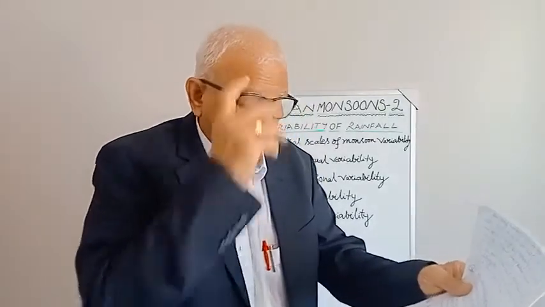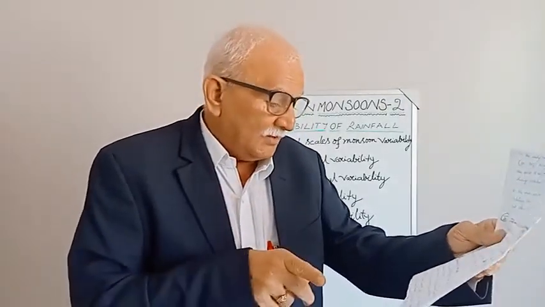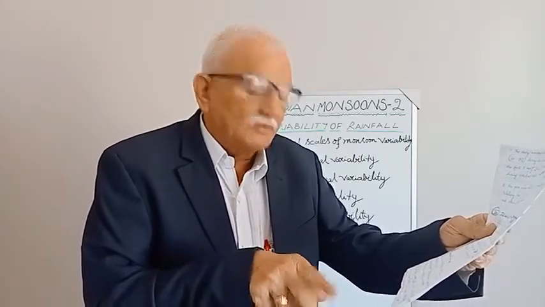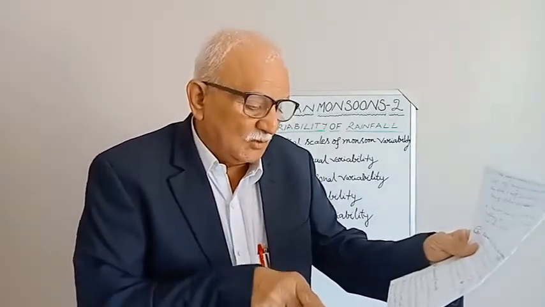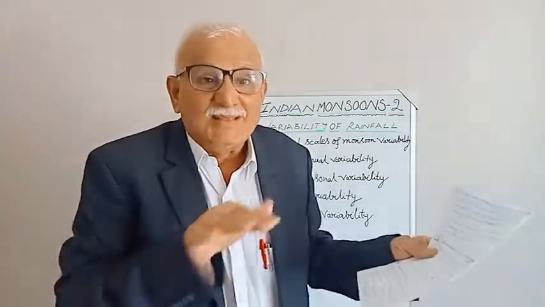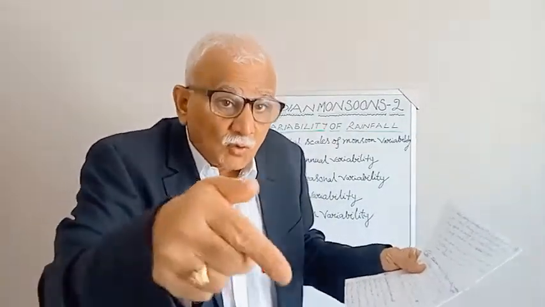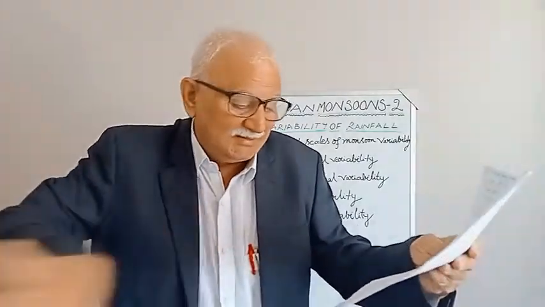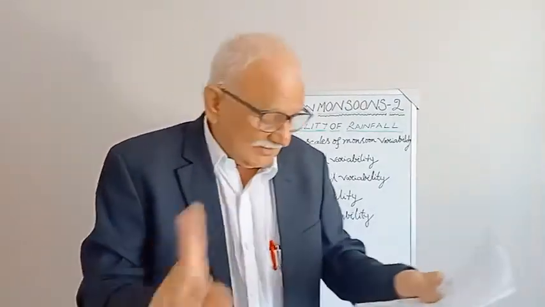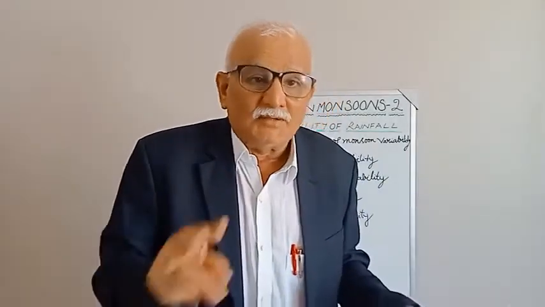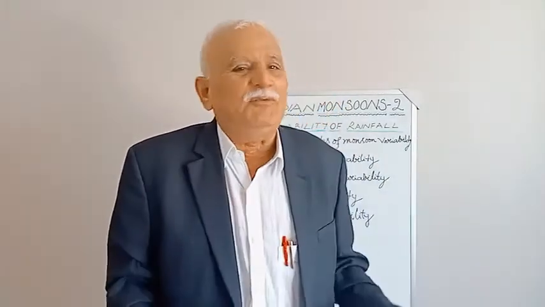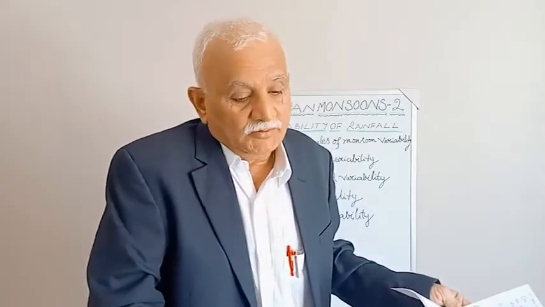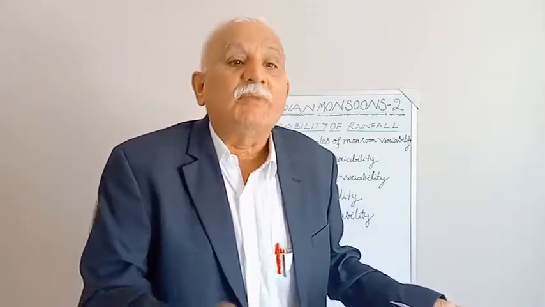See, this is the word you should write: the surface trough, what we also call the monsoon trough, is located close to the foothills of the Himalayas, and easterlies disappear from sea level. These are the two reasons. Or at least one reason, if you write, you get 1 out of 1 mark. So, the monsoon trough going to the foothills of the Himalayas causes a break in the monsoon.